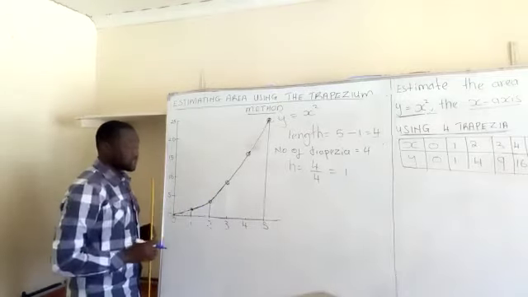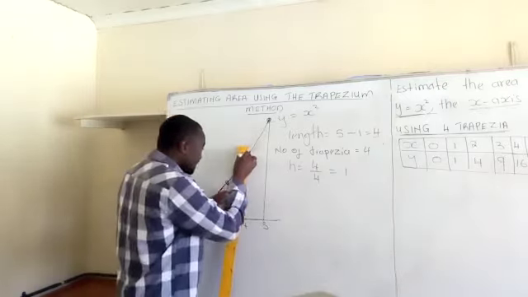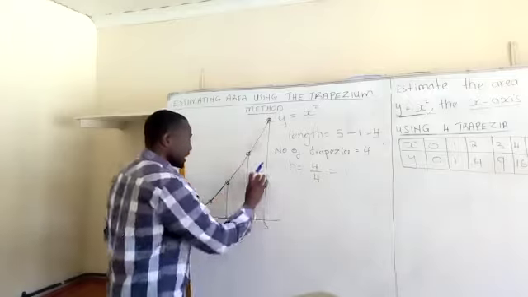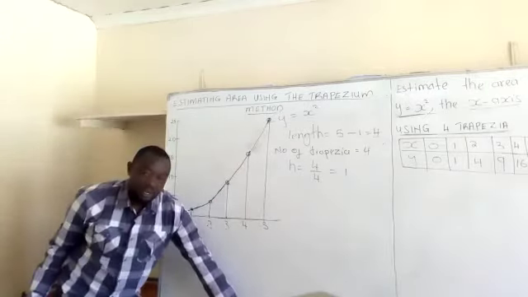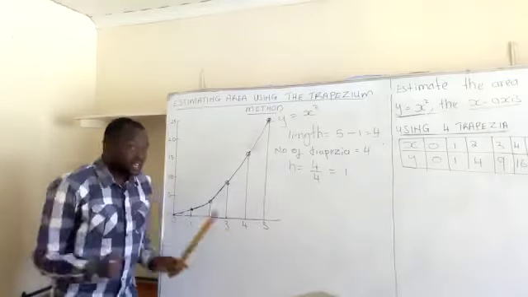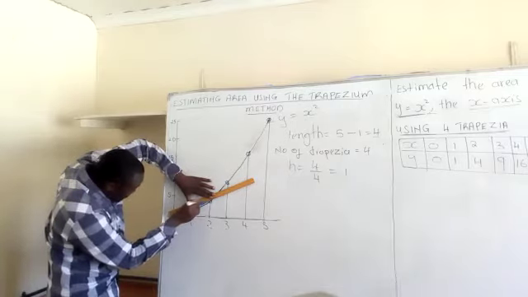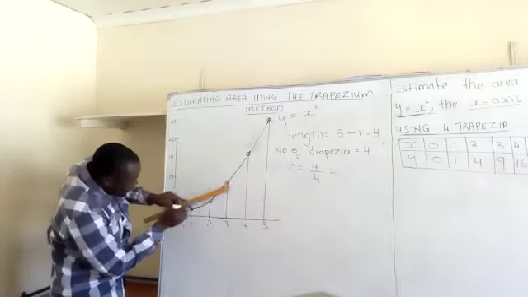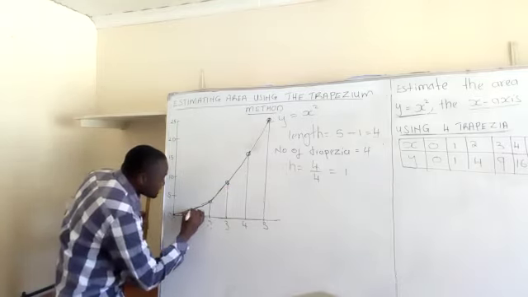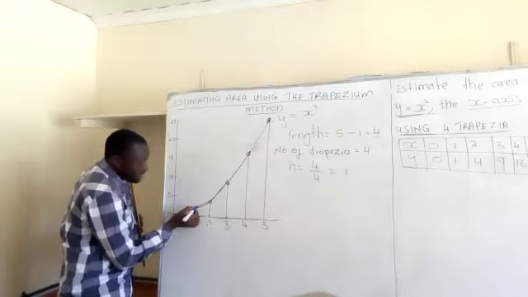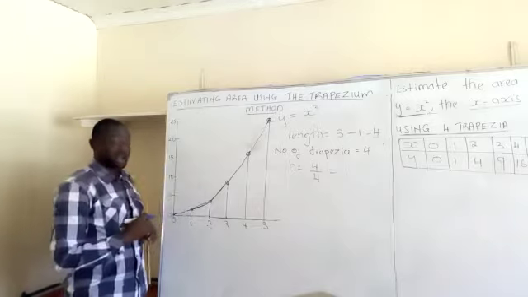So that is our first trapezium. This is our second trapezium. That is the third trapezium. And that is the fourth trapezium. Please note, by assuming this to be a trapezium, we are assuming that this upper part here is a straight line. And when we take this to be a straight line, then it means that we have included a part here to be part of the graph, which is not really part of the graph.